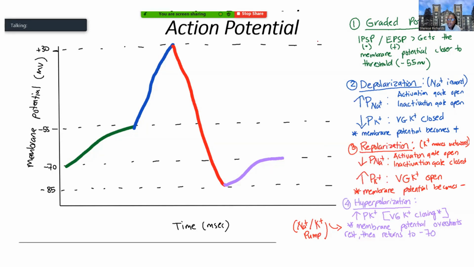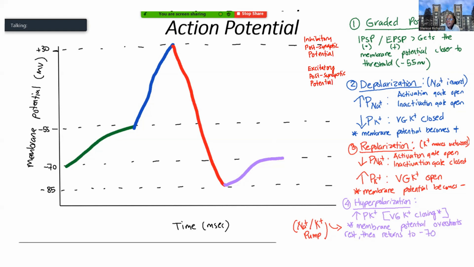An IPSP is an inhibitory postsynaptic potential, and EPSP is an excitatory postsynaptic potential.